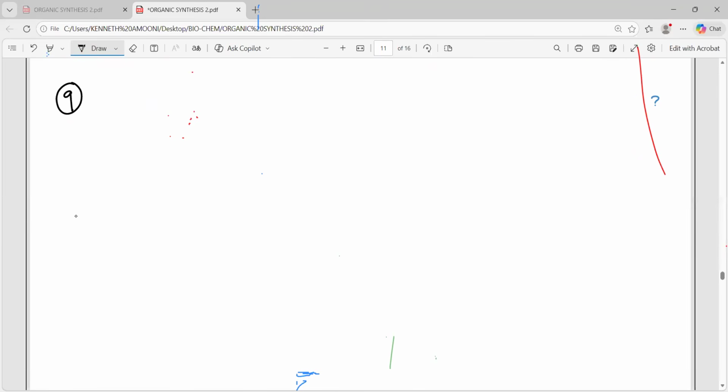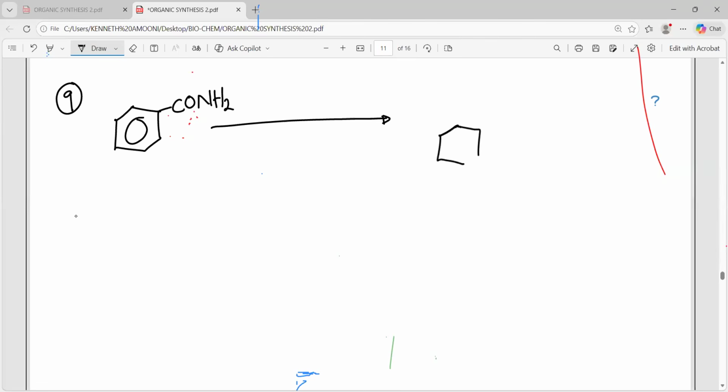Question 9 is saying we are having this compound. From this compound, I am synthesizing this compound. Now, if you're seeing this compound for the first time, you're going to become very scared. It is an azide.